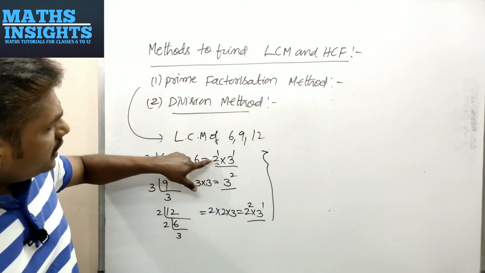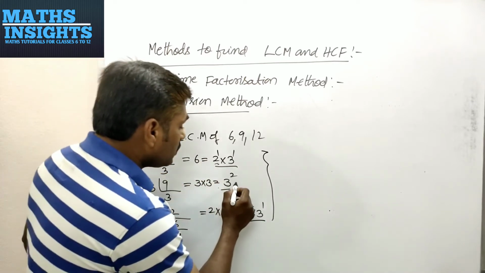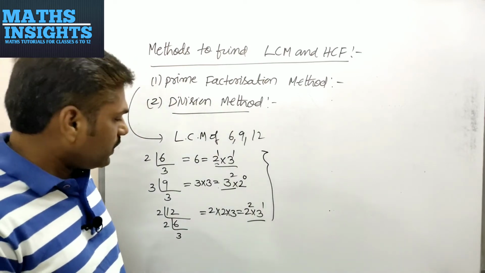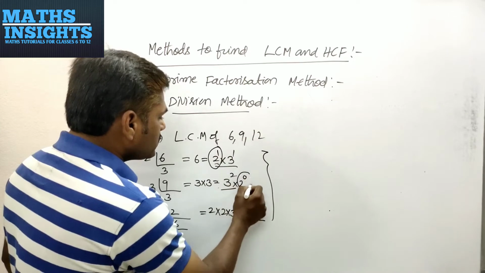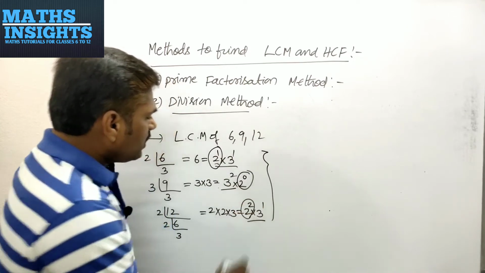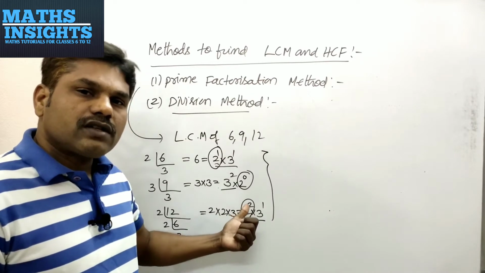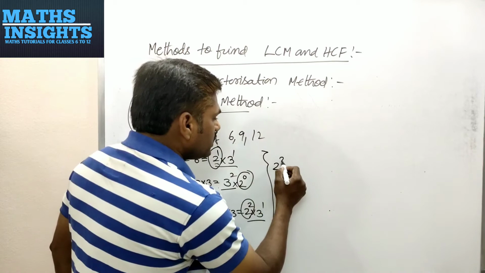If you observe 2 power 1, here you don't find the factor 2, you may write it as 2 power 0 also. Okay, 2 power 1 is there, 2 power 0 is there, 2 power 2 is there. What is the highest exponent of this prime factor? 2. So 2 square.